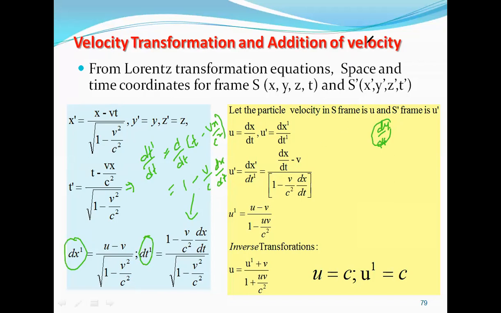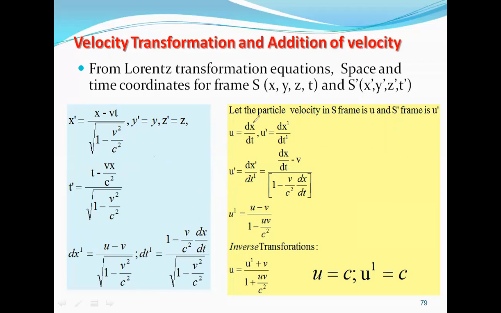Clear sir. Yes sir. Anybody else? Okay, then I am going to calculate u prime equal to dx prime by dt prime. I have to divide these two. I will divide dx prime by dt prime. Okay? If I divide this by this, the denominator will cancel, right?